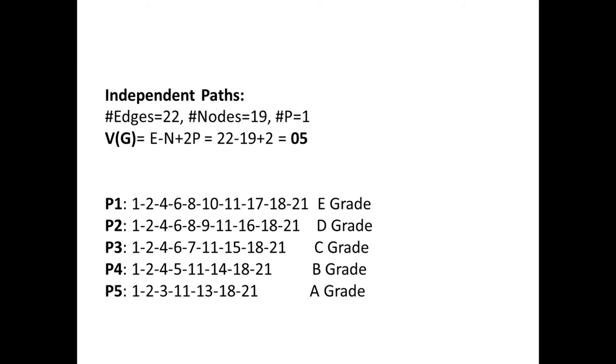When there is an edge from entry node to exit node, that indicates it is a connected graph. So that will not make much difference here, and you take P as 1. Applying the numbers, 22 minus 19 plus 2P, that gives 5. So there are 5 independent paths in the program.